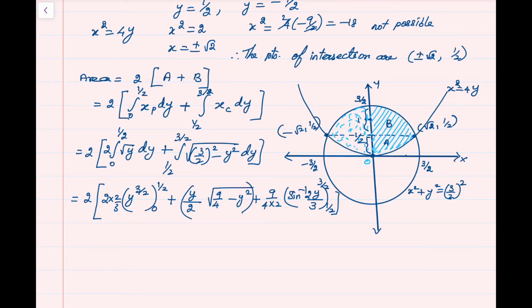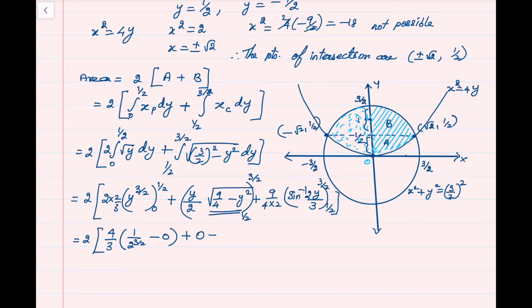Here also the limits are half to 3 by 2, and 2 is common for all these three terms. 2 times 4 by 3 into half power 3 by 2, that is 1 by 2 power 3 by 2 minus 0, plus upper limit will give you 0, 9 by 4 minus 9 by 4.